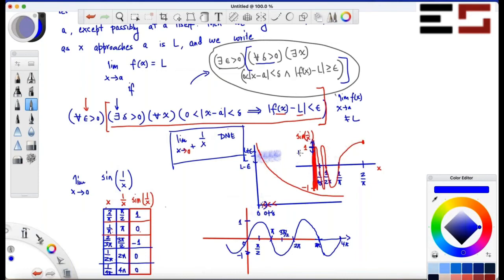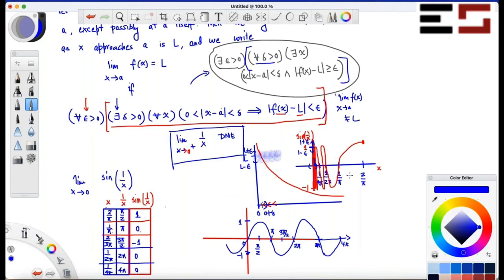So will I be able to do that? Yes, because this entire graph is collapsing on -1 to 1. If I consider an interval like this, no matter how small a delta I pick around 0, I'll always be able to find a point here whose image lies outside this interval. Yes or no? Yes, Professor.